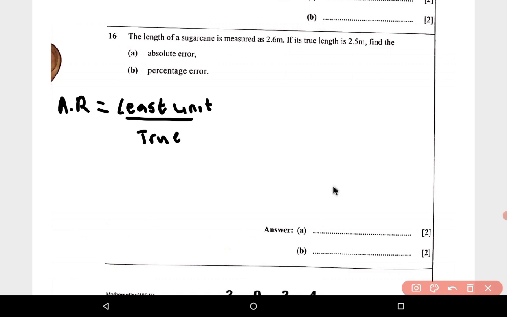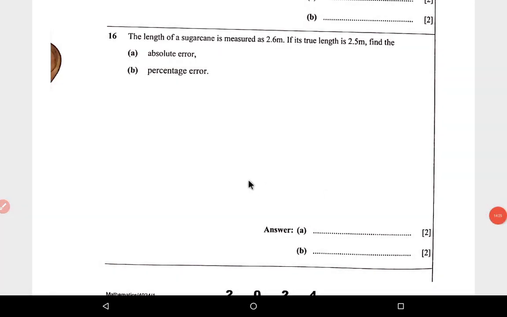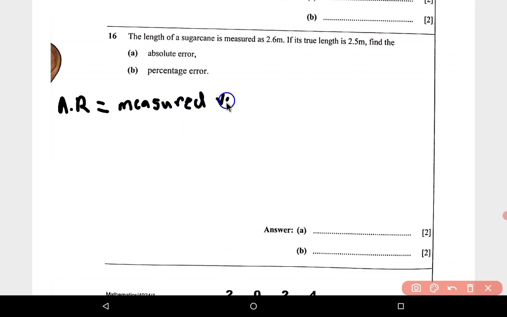Before, I think it's not the correct formula I should have written here. So absolute error is given by the measured value over the true value.